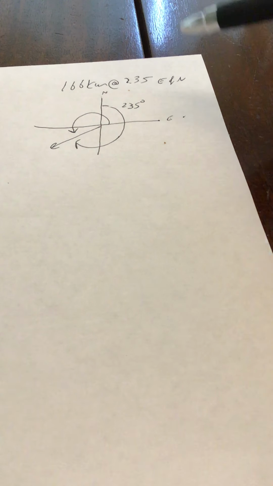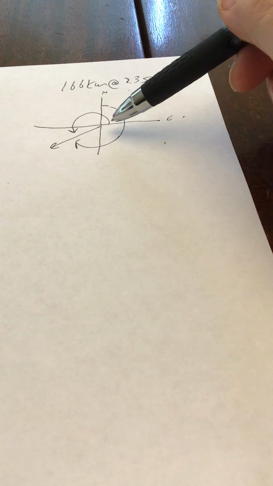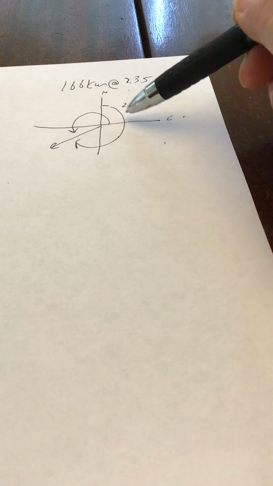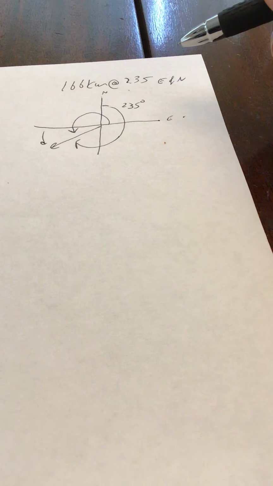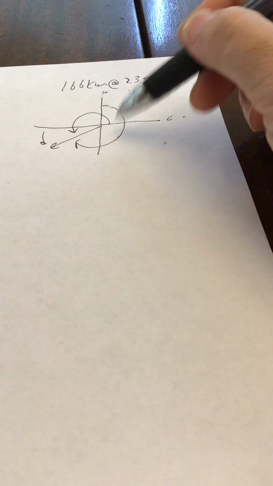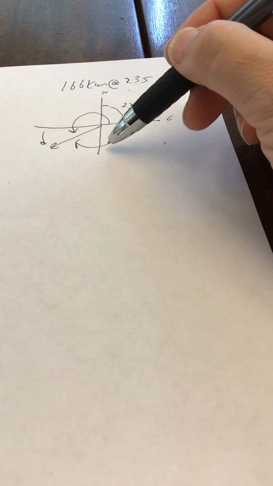So how would you think you'd do that out? Well, like before, you can do it several ways. With 235, you can figure out what 270 minus 235 is, and then you can figure out what this thing is. You can take 235 minus 180, right?